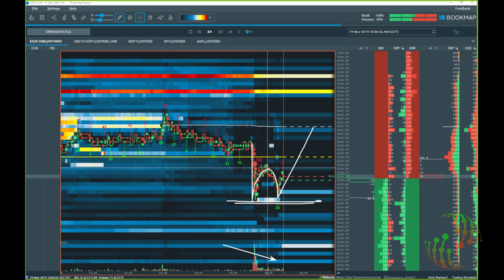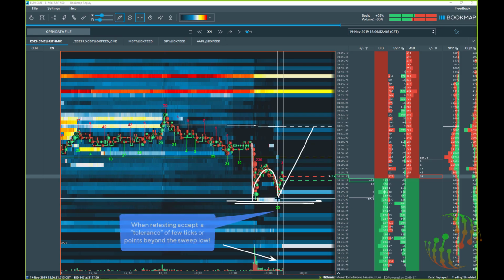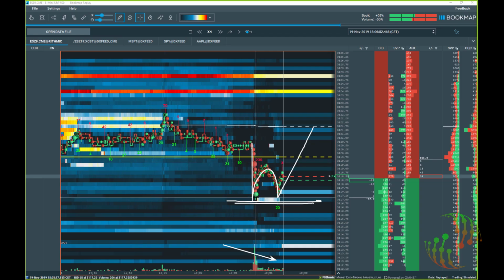It must be refilled. It retests this area and makes it accept a tolerance of 1.5 points. The second argument is the volume. All energy is taken out of the market. You see that here. Energy is known as volume. And look here below the divergence.